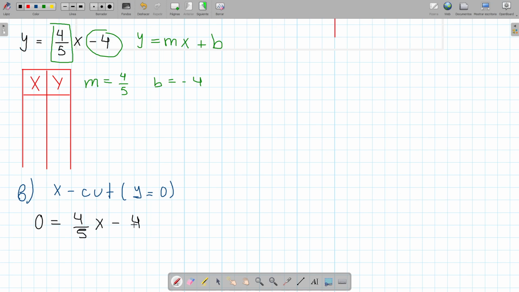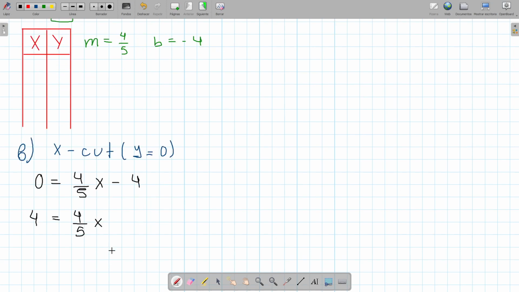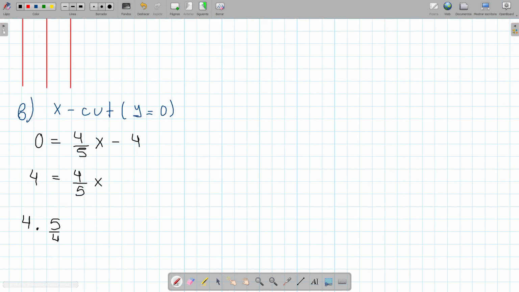Now we have to solve for x. We have this 4, it goes to the other side, equals 4 over 5x. Now this 5, remember, what is down here will go up multiplying. So we are going to have 4 times 5, and this 4 will go down, and this will be equal to x.